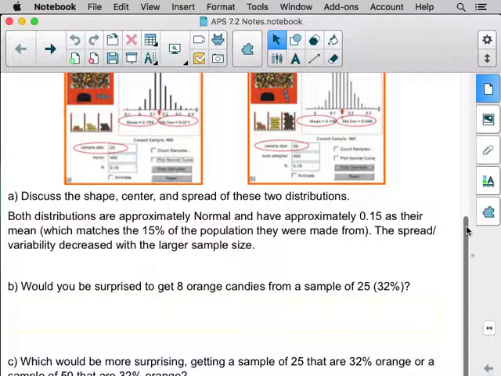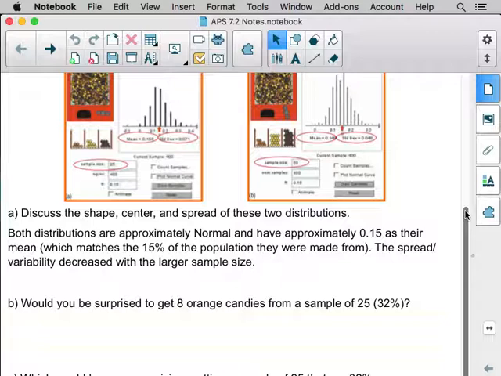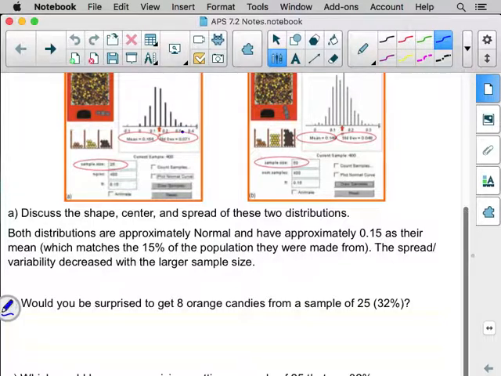So, for a sample size of 25. Would we be surprised to get 8 orange candies from a sample of 25? Well, isn't this one showing us a sample of 25, right? This left-hand side, again, I noted it wrong up above, and I apologize. Would we be surprised to get one that had 32% orange candy? So 32% would mean that we would be getting an observation up here. Would we find that surprising?